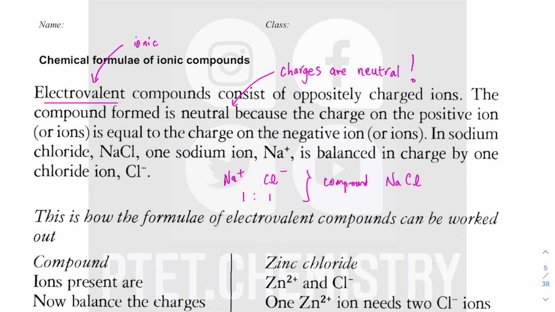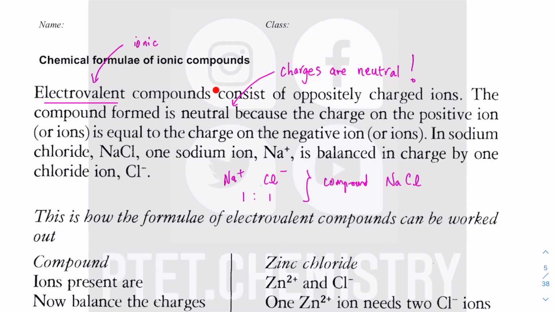What is important to note is that ionic compounds contain ions, which are charged particles, consisting of oppositely charged ions. Cations, which are positively charged ions, form as a result of losing electrons. Negative ions form as a result of gaining electrons. These cations and anions will balance in a fixed ratio to form an ionic compound.